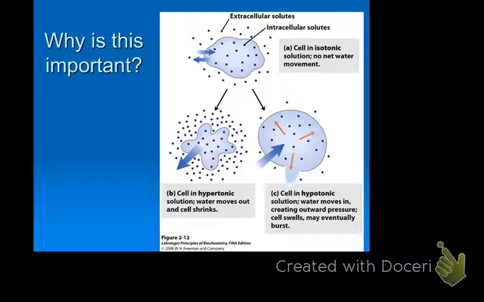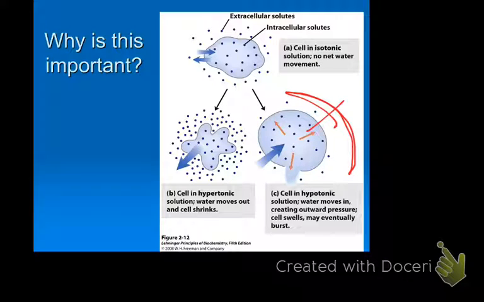But the problem that can happen is if, say for example, the solution is hypotonic. Hypotonic means that there's lower amounts of the solute on the outside, so therefore the water's going to move in. The cells can swell up to try to get the concentration of the solutes to be relatively equal on the inside, and it can cause the cells to burst.